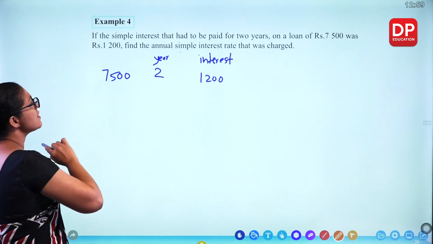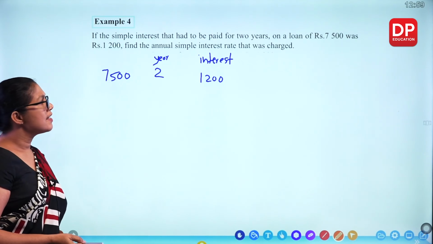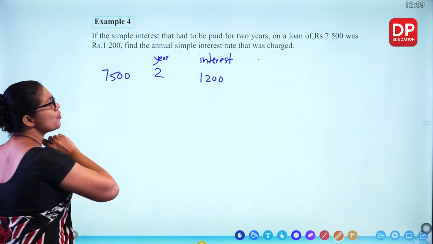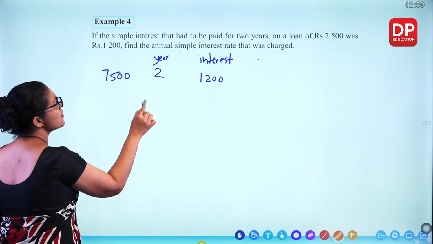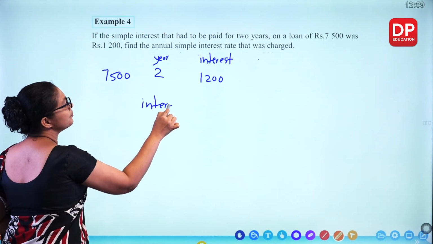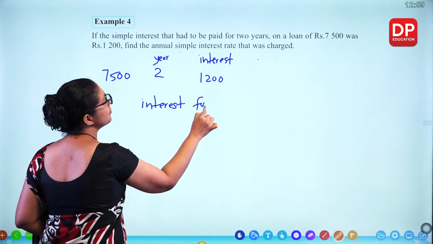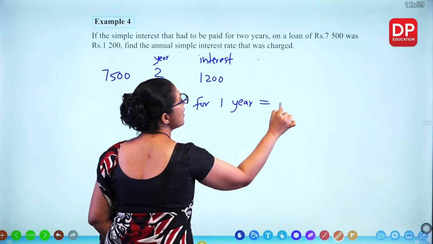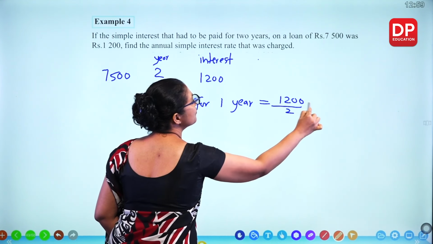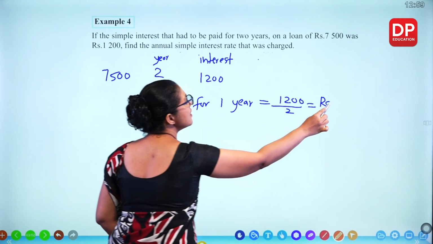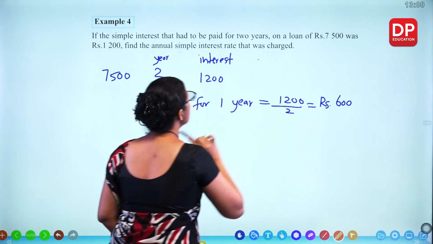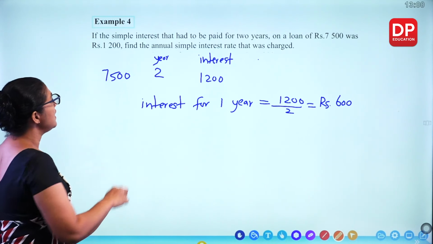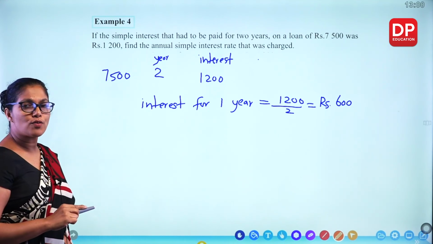Now the amount is given and the interest is 1,200. The interest is for 2 years. So what's the interest for 1 year? You have to divide 1,200 by 2. You get 600 rupees. And you are paying 600 annually for 7,500.